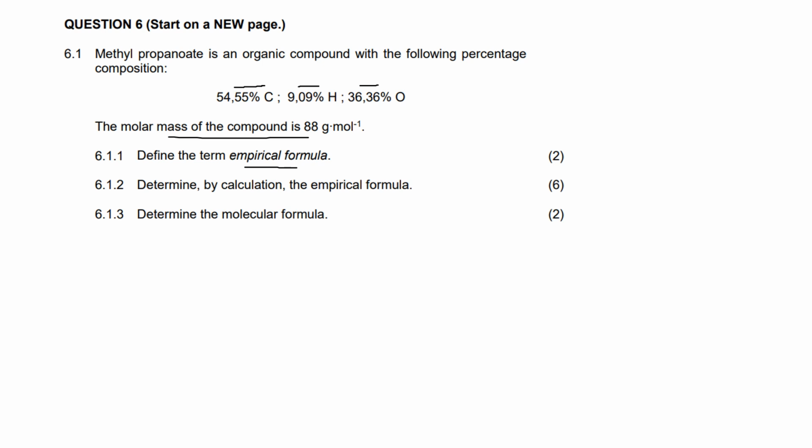I'll repeat again: to define empirical formula, that is the simplest whole number ratio of an element in a given compound. Just put it down for you guys. That's the simplest whole number ratio. That's the simplest, because we always get this type of question in exams, defining what is an empirical formula.